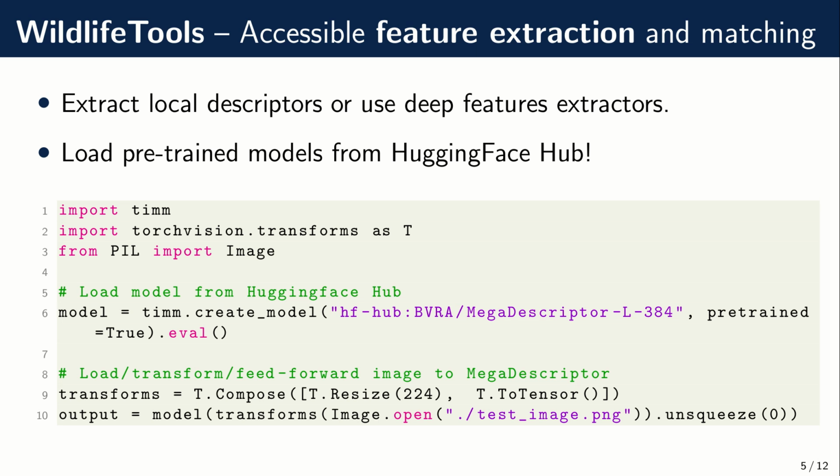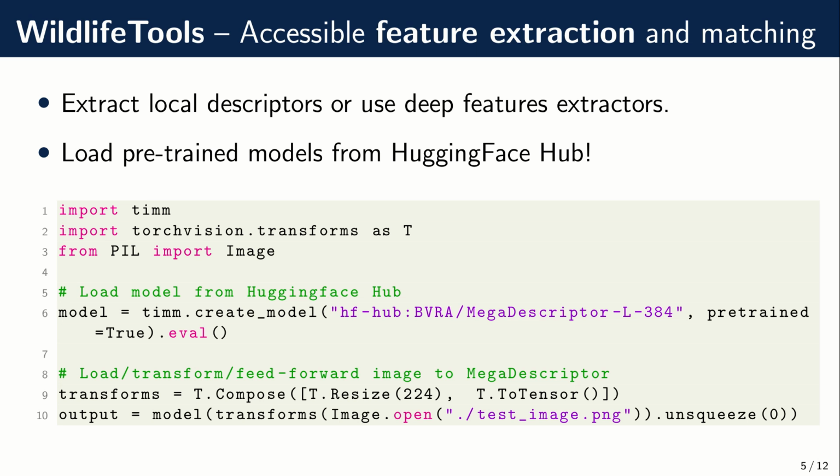The wildlife tools allows straightforward use of all datasets available in WildlifeDatasets, and it allows to fine-tune on any existing and new dataset. Besides, access to numerous feature extraction and matching algorithms is provided. We include local descriptors such as SIFT and SuperPoint and some pre-trained deep descriptors.